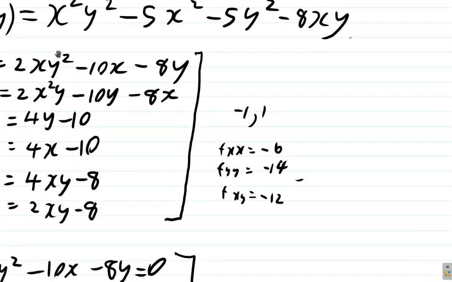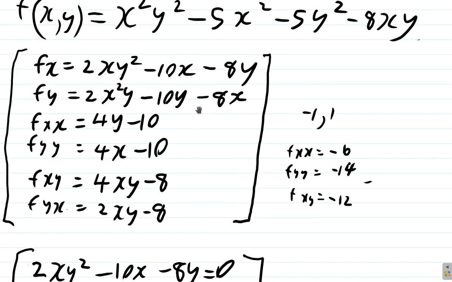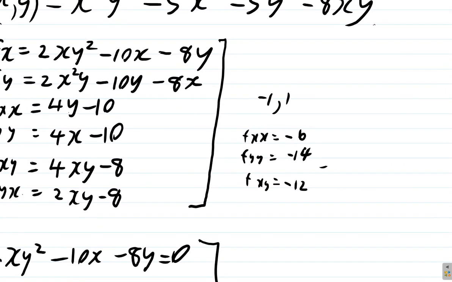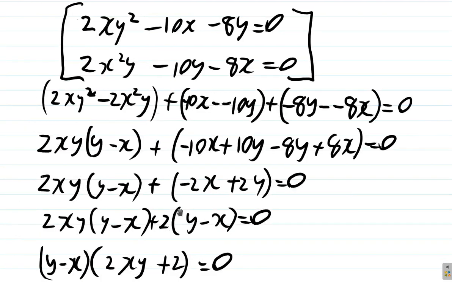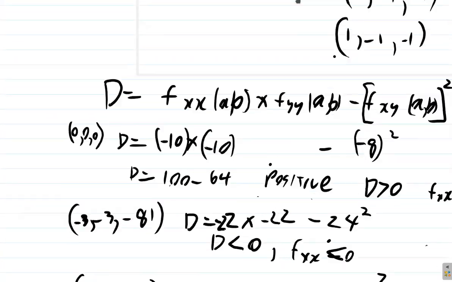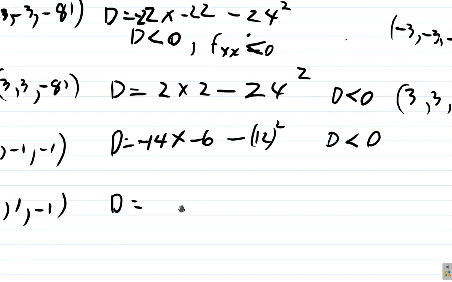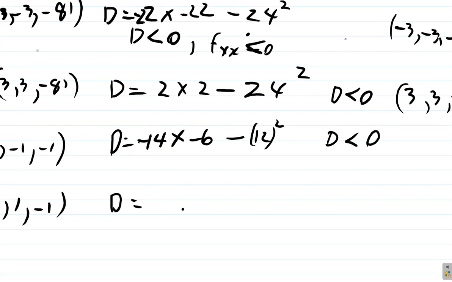So when you work that out, negative 6 times negative 14 minus 12 squared, obviously that will give you a negative. So D at that point is also less than 0.